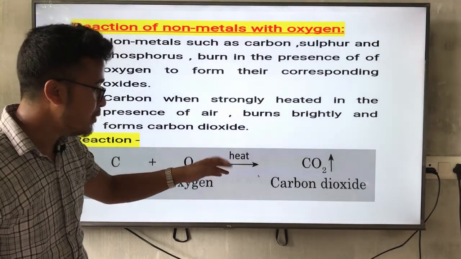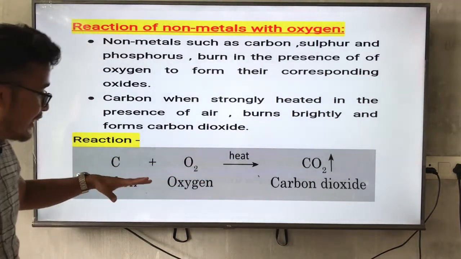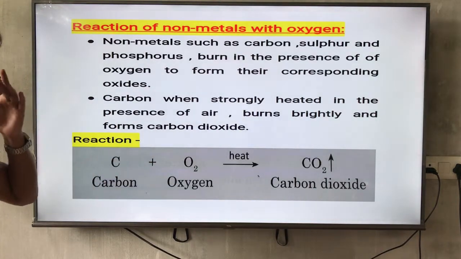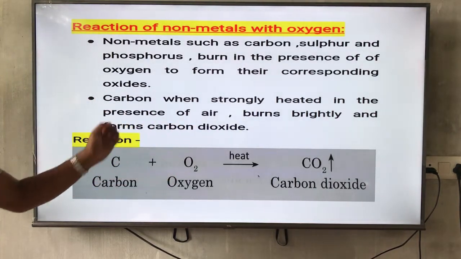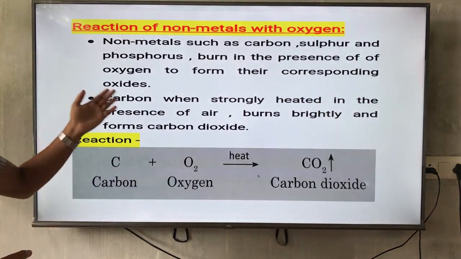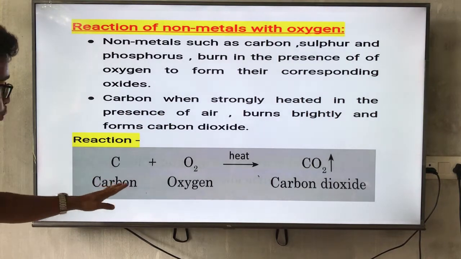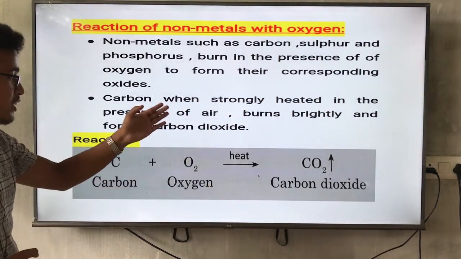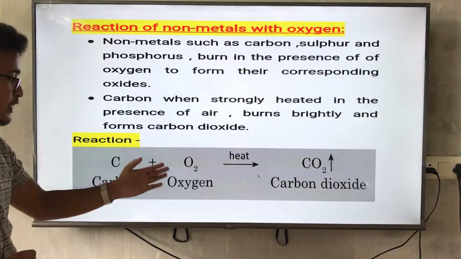Now this arrow with heat means carbon is heated in the presence of oxygen, and it will burn brightly and form carbon dioxide. Carbon, when strongly heated in the presence of air. In air there is oxygen present, yes or no?